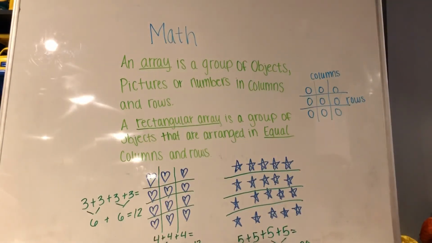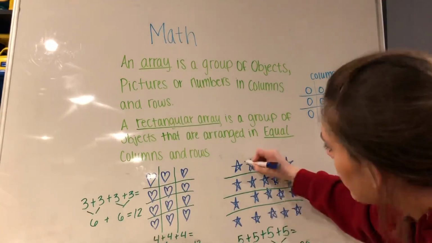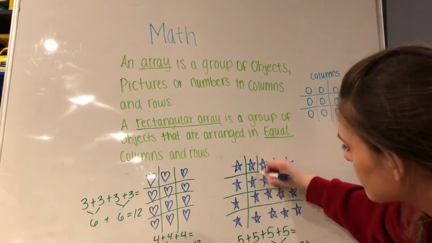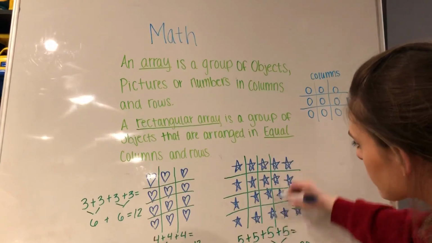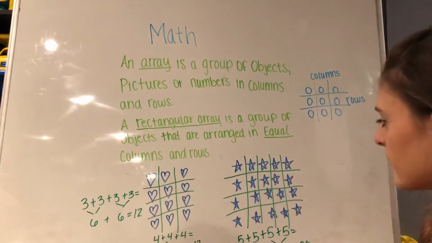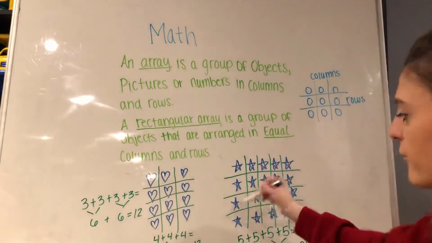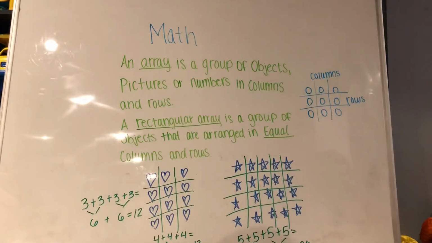And now the next math sentence we're going to write is the columns. So let's look at our columns here. And we have 1, 2, 3, 4 stars in each column.